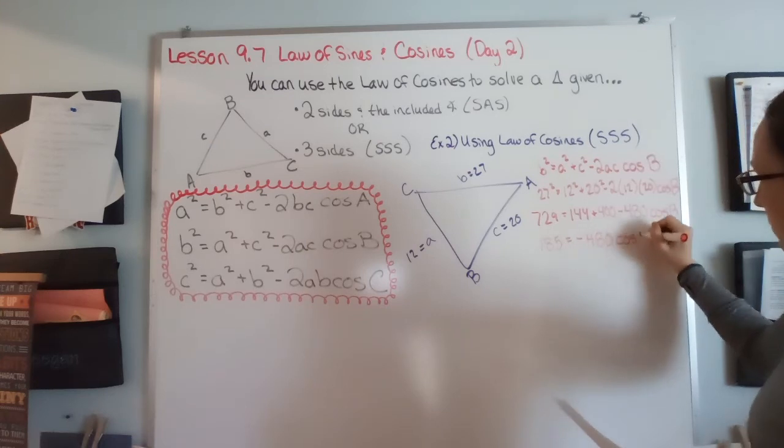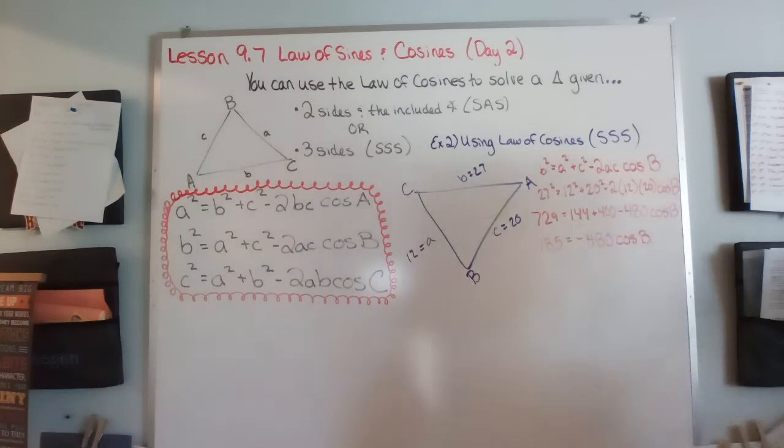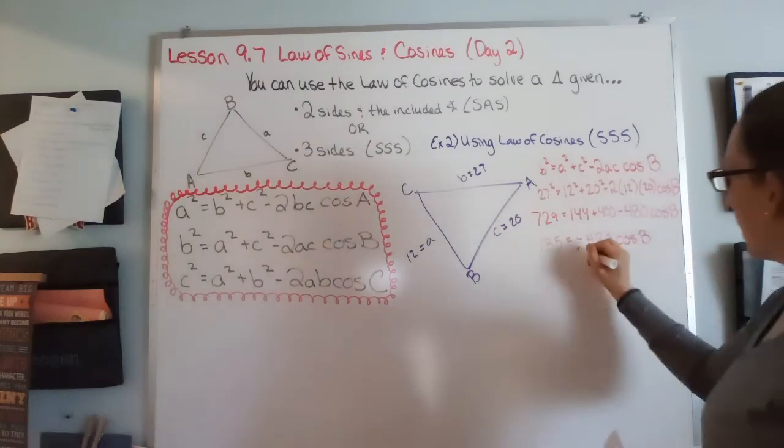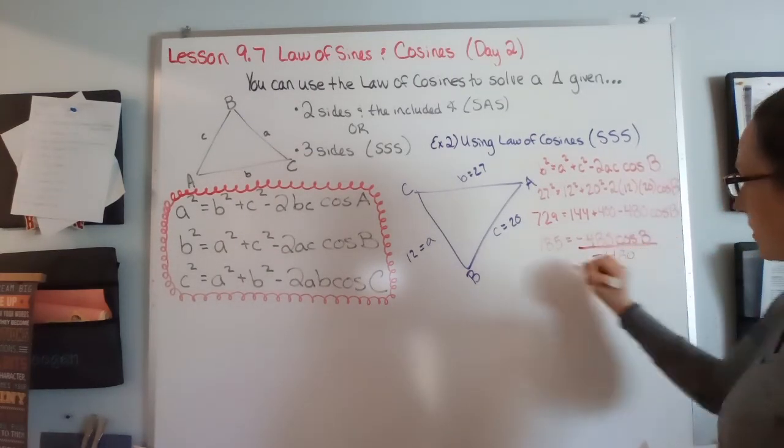All right, and then after that, you're going to divide both sides by negative 480.